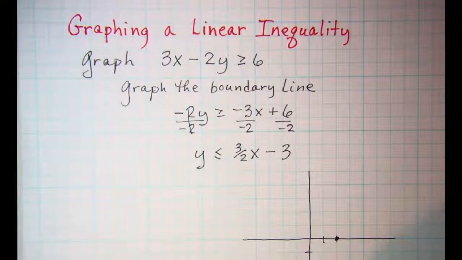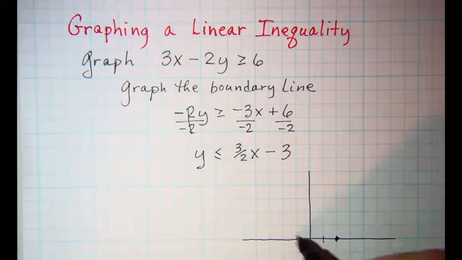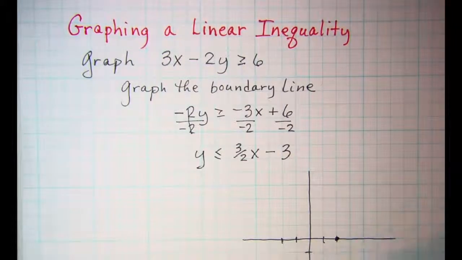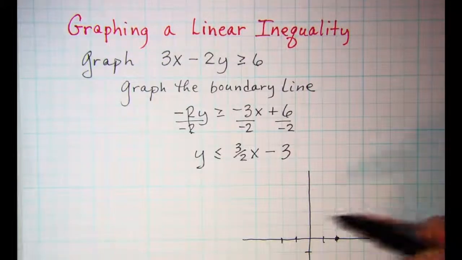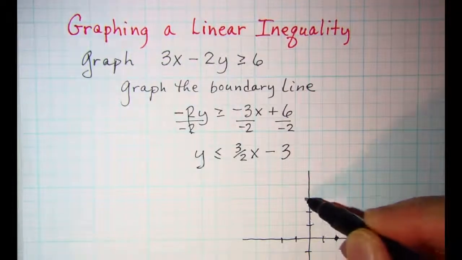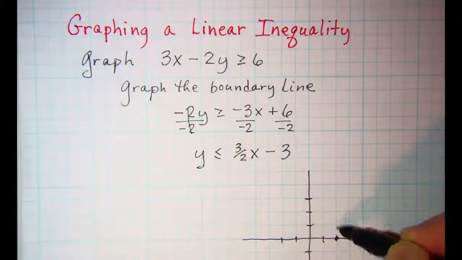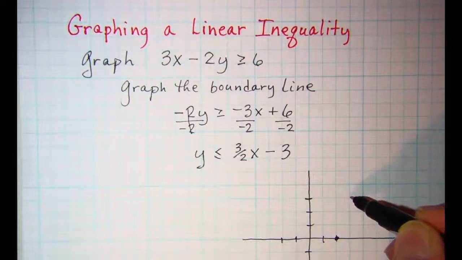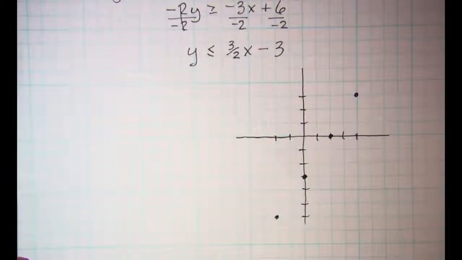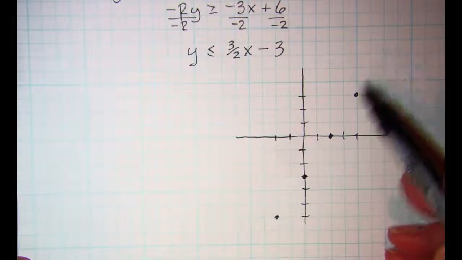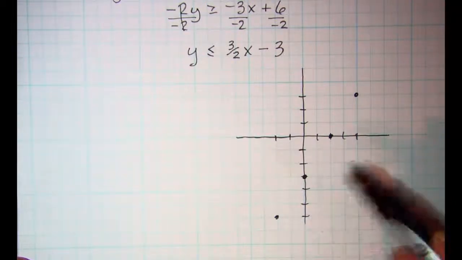Or down 3 and left 2. Down 3, left 2, puts me. Or up 3 and right 2. So our line is going to go through these points.